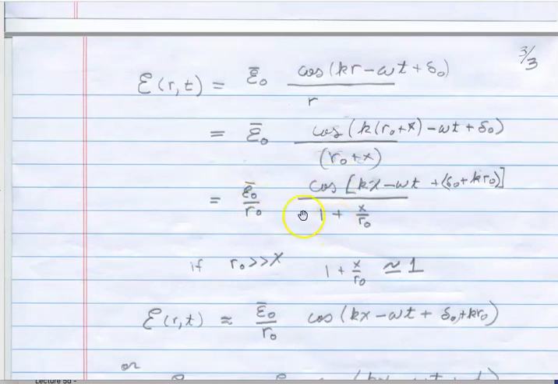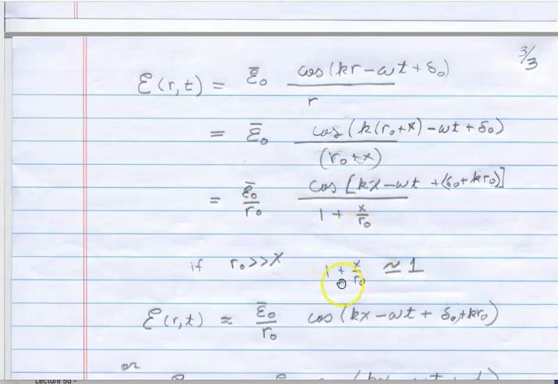In that regime, I can factor out the r naught, so x over r naught is very small. The distance r naught is much, much bigger than x, as I said. Typically, x is on the order of maybe a few wavelengths, and r naught is on the order of maybe a few centimeters or meters.